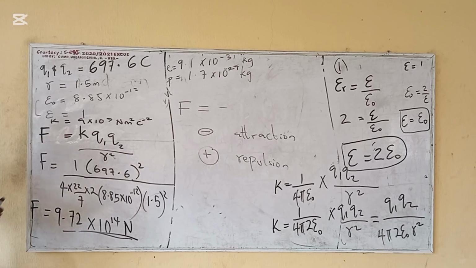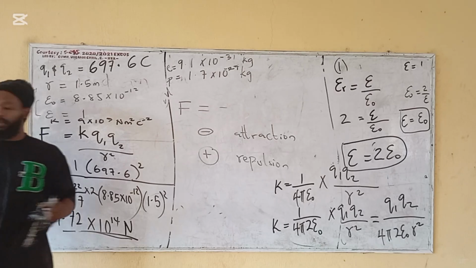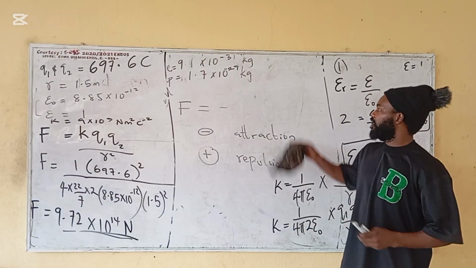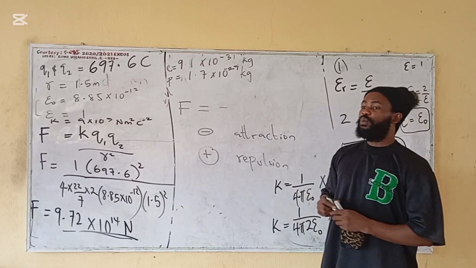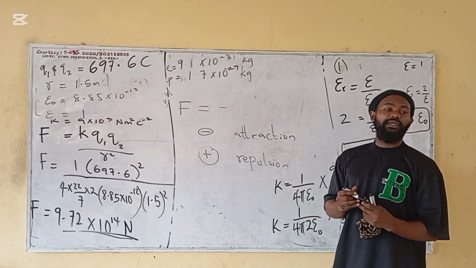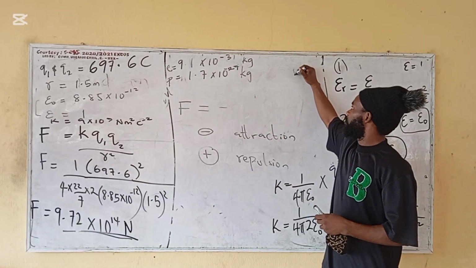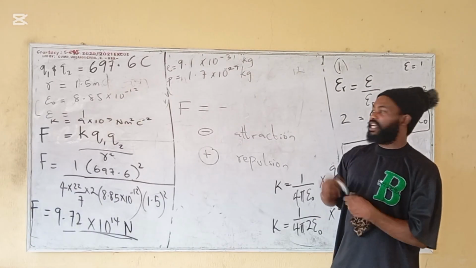So that's why you need to remember: anytime you're given a dielectric constant, if they tell you the dielectric constant is like 12, just go and do 12 times E naught.